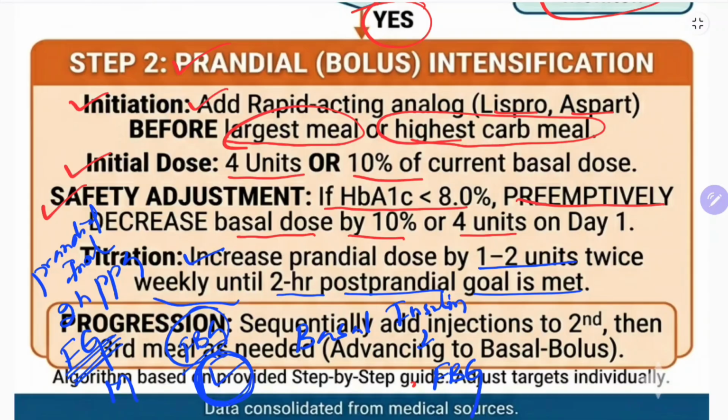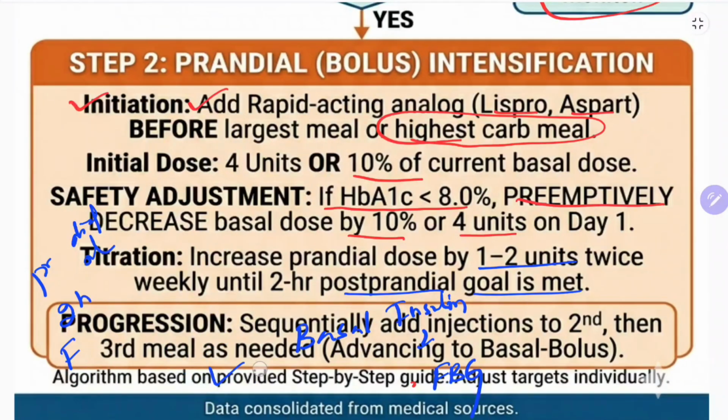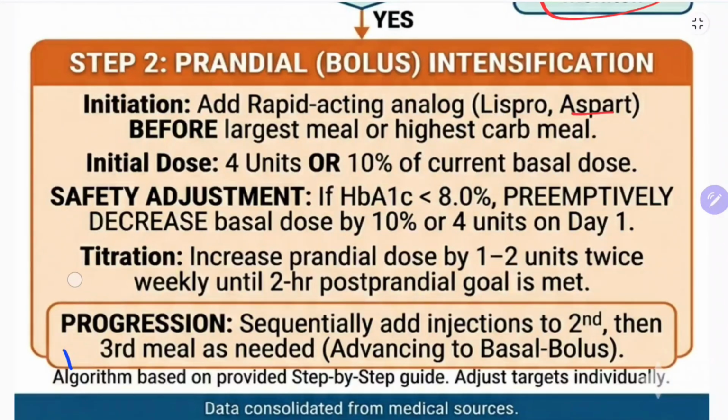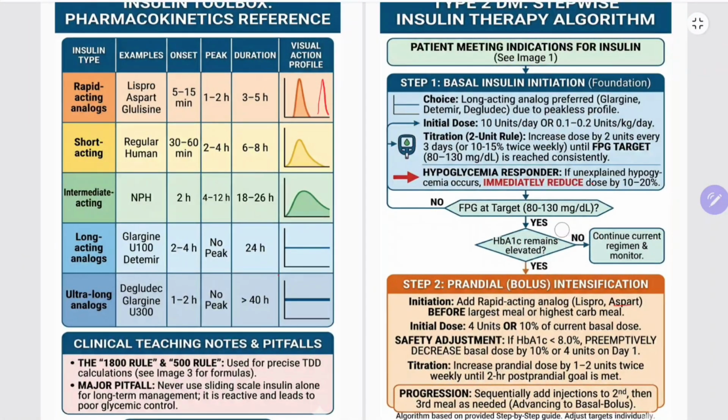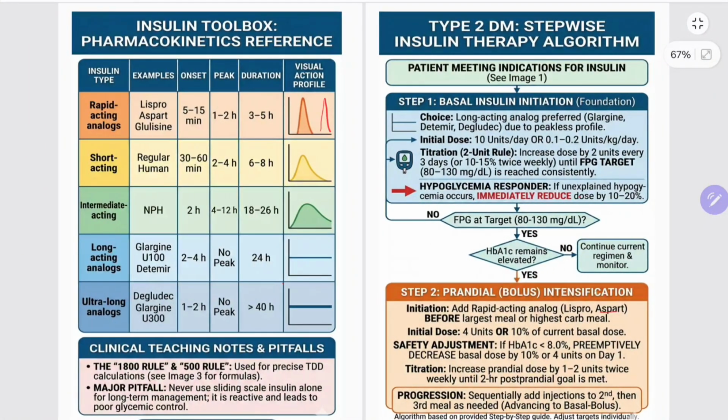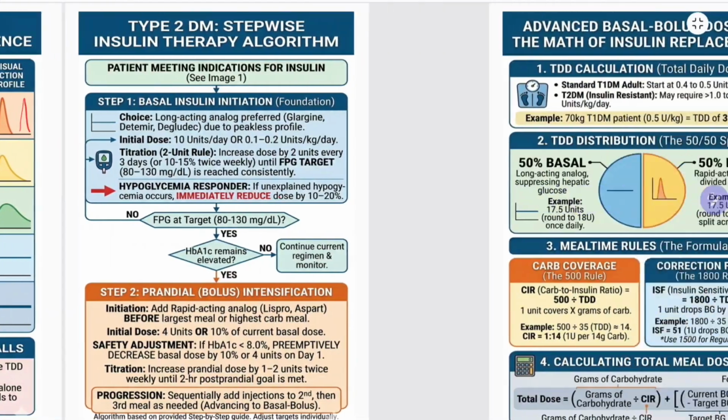By seeing that next meal fasting sugar level, you will adjust the dose of the previous meal prandial insulin. Okay. So this is the traditional method. Okay, this is the traditional method of giving insulin, and this is the easiest method, and this is the method which physicians follow, even the experts follow this method.